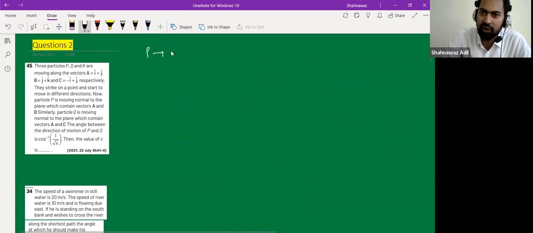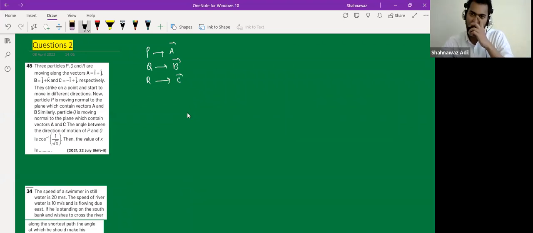P is moving along A vector, and Q is moving along B vector, and R is moving along C vector. And if I want to draw a normal for A and B, what would be the normal for A and B?